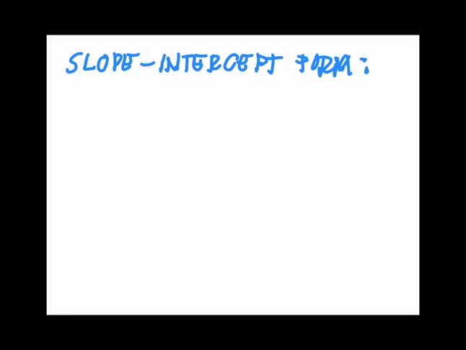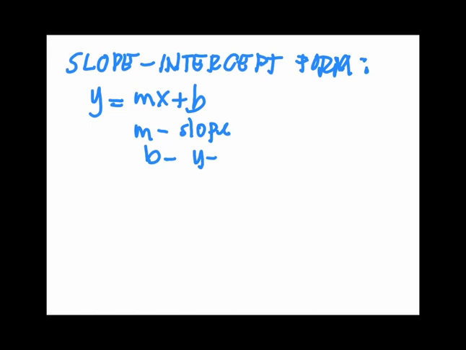The slope-intercept form of the equation of the line is given by y is equal to mx plus b, where m is the slope of the line, b is the y-intercept.